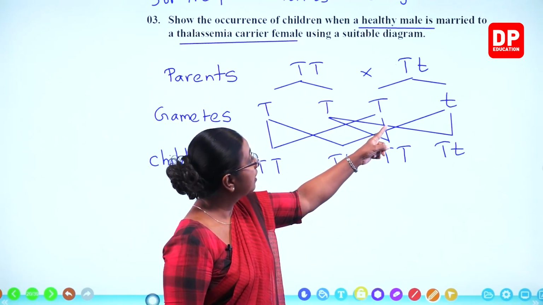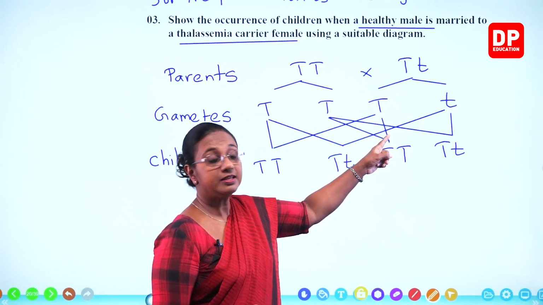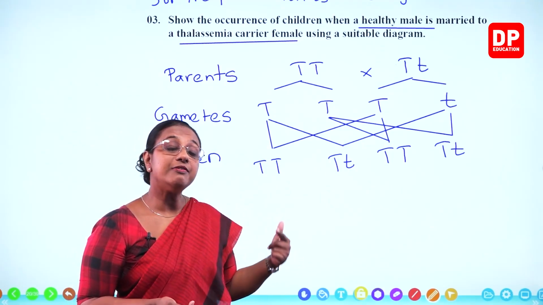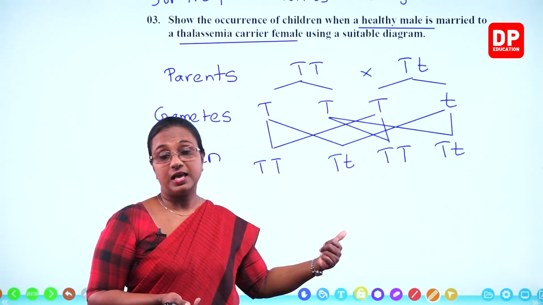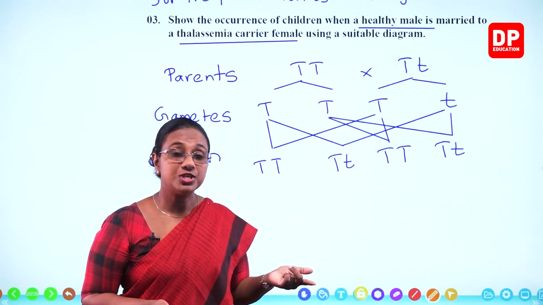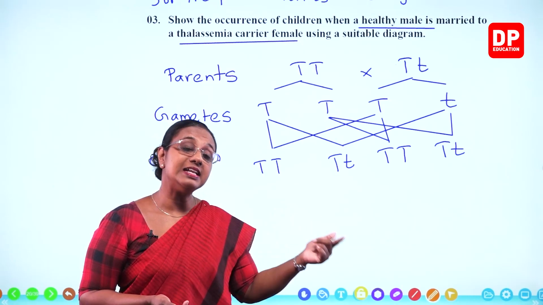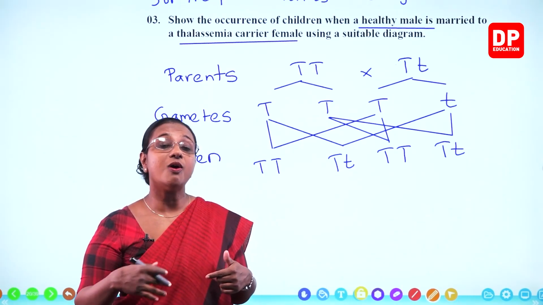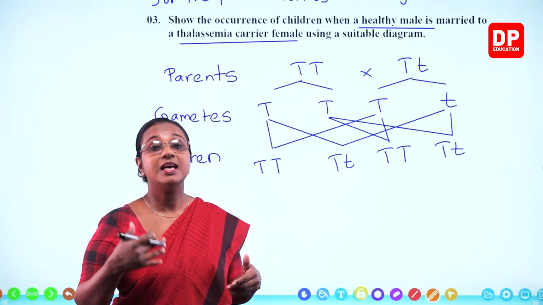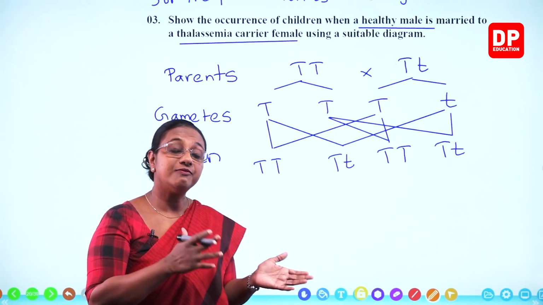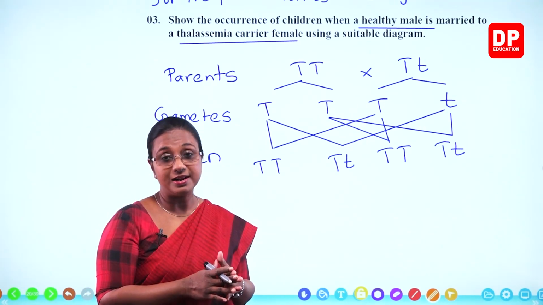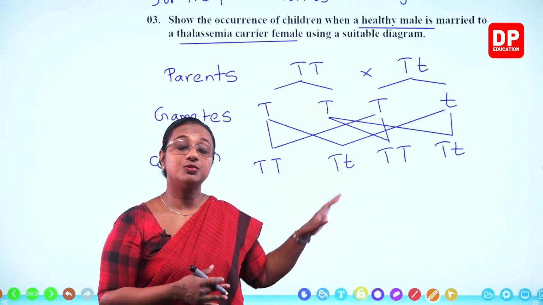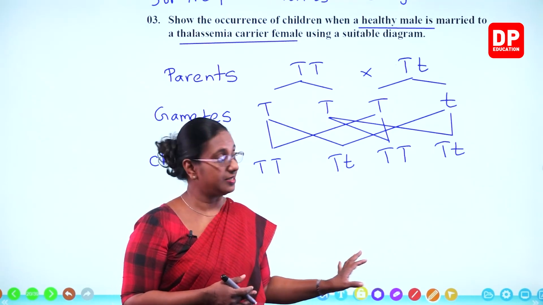From the heterozygous condition, you get 2 children who are carriers. If both parents were carriers, then you would have more chances of carriers and a child with thalassemia as well. So that is why the occurrence of these diseases has more chance if there are marriages among blood relatives. That is why it's good to avoid that, so that you don't get such diseases.